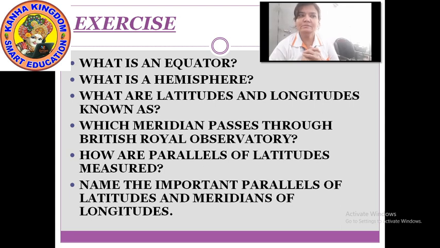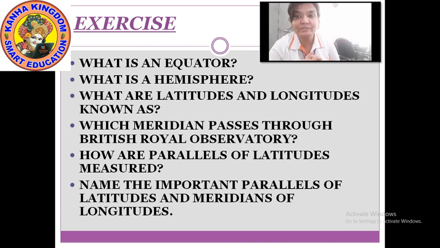Note it down. I repeat again, what is an equator? Equator is an imaginary line that is at the center of the earth which divides the earth into two equal halves.